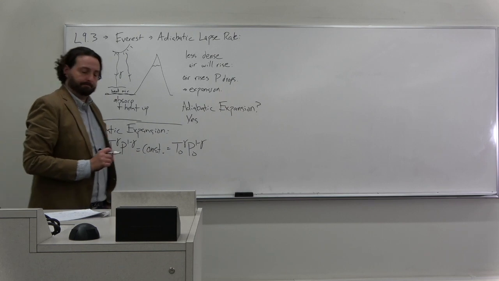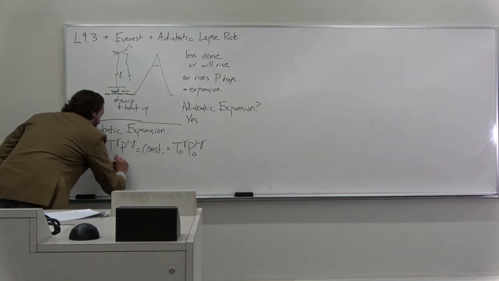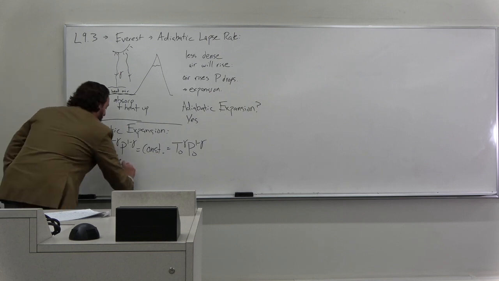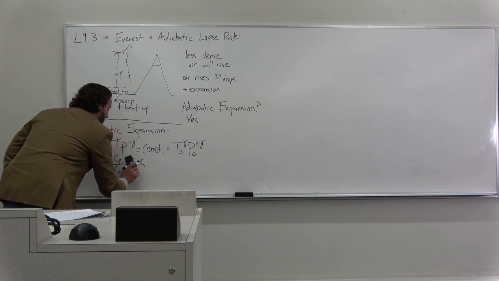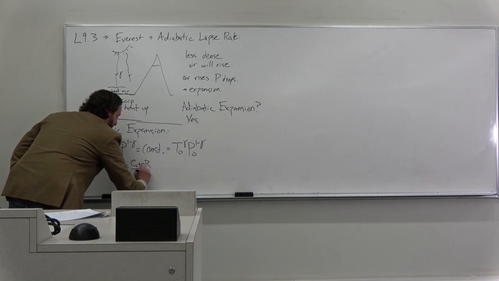So, what is gamma? Remember, gamma was CP over CV, which was CP plus CV plus NR over CV.